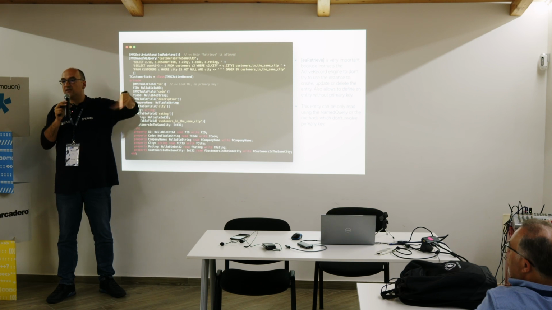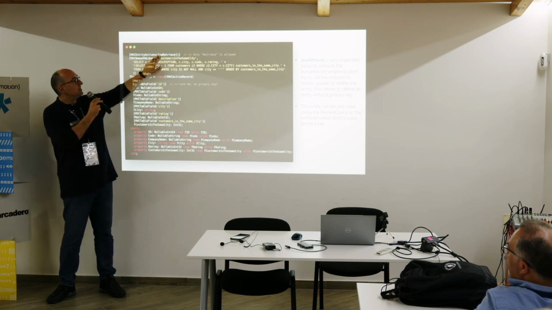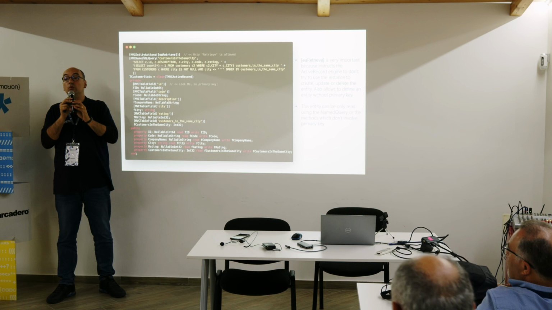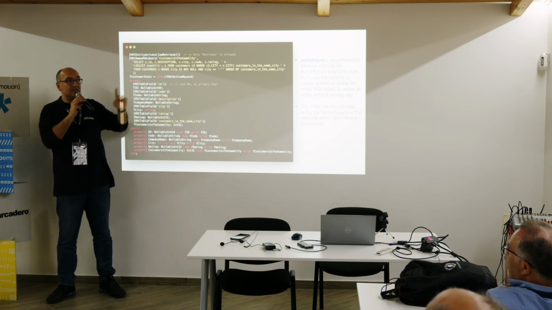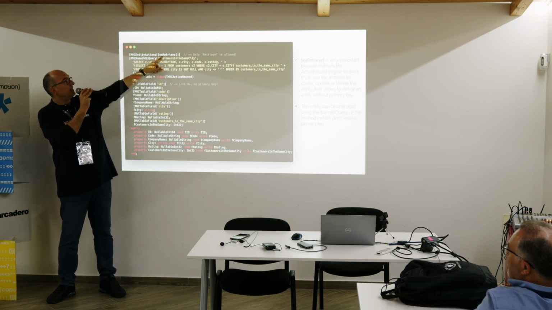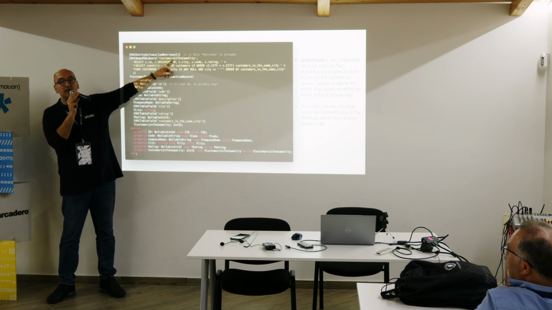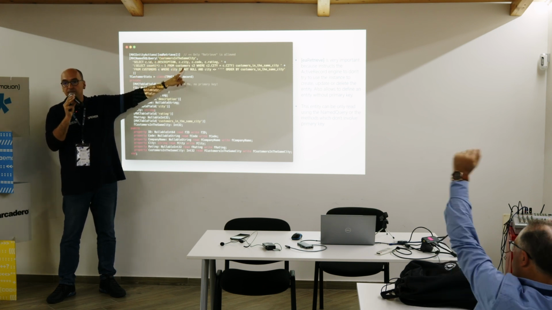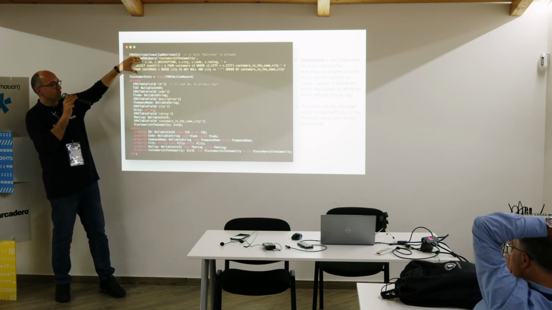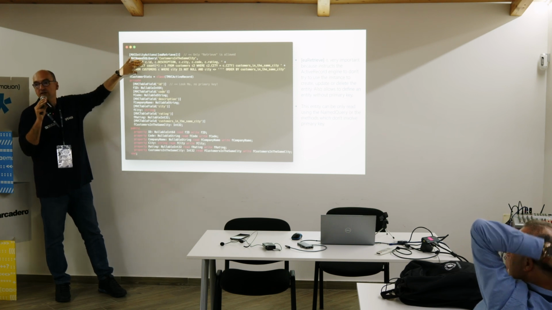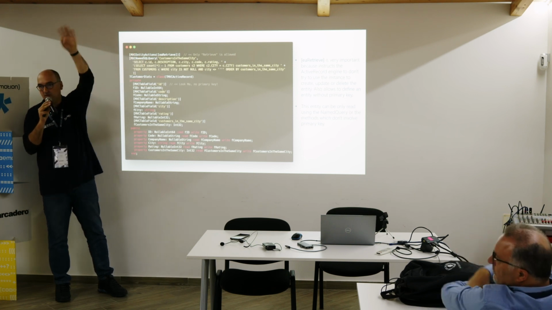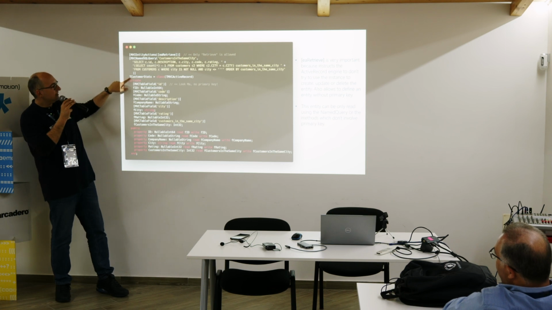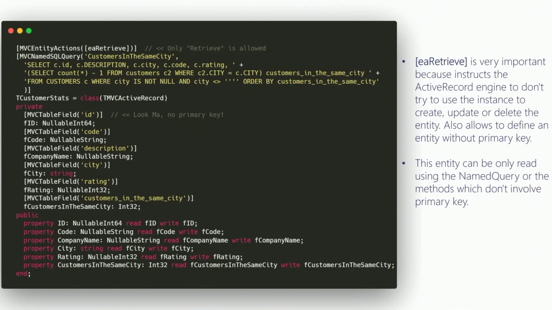So delete, update, insert, and so on. You can put here only what you need. In this case, if you write that you want only to retrieve data, you can use your monstrous query here, defined somewhere, and then just map it here without defining a primary key, because it doesn't make sense.